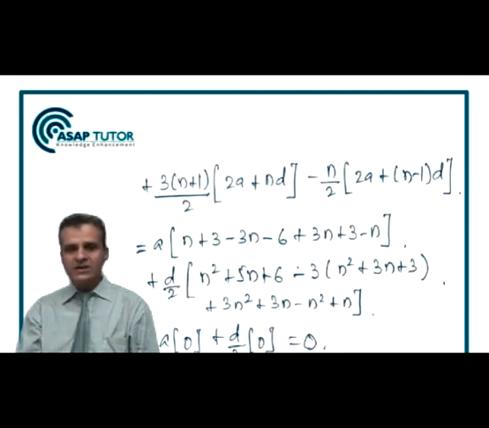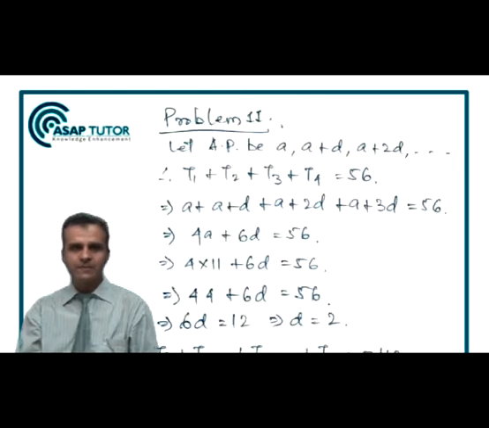And if we solve it, n minus 3n plus 3n is 0, n minus n is 0, 3 plus 3 is 6, minus 6 is 0. Similarly, this term also will get 0, so a multiplied with 0 plus d by 2 multiplied with 0 is equal to 0. That will be the correct solution.